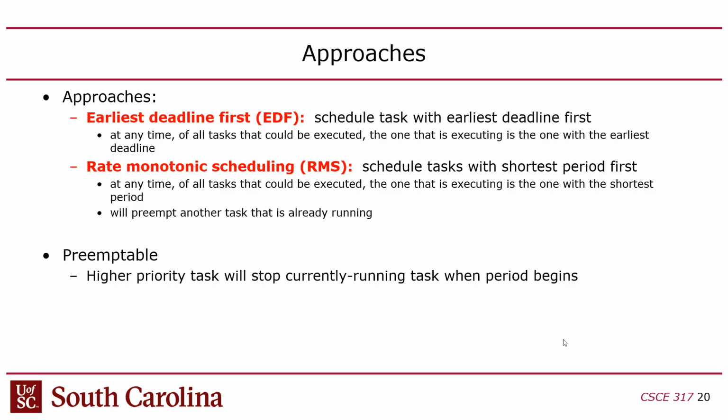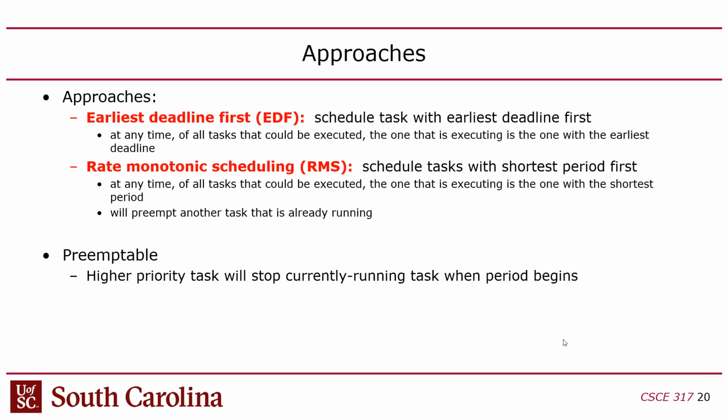So when you're evaluating EDF scheduling, what you're doing is you're calculating the priority of each task, but you have to continuously recalculate the priorities as you go. Now, technically, you only have to do it whenever a task finishes or whenever a task's period begins, right? But that's often, right? That happens a lot.